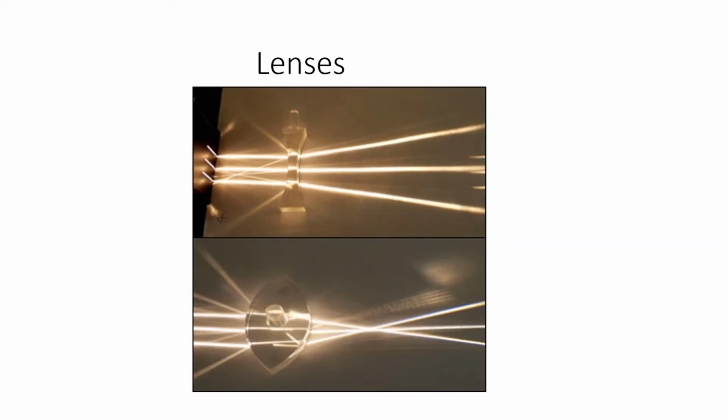Lenses, on the other hand, refract light. There are two types of lens, double or biconcave and double or biconvex. When parallel light rays strike a double concave lens, the light rays refract towards the thicker part of the lens.